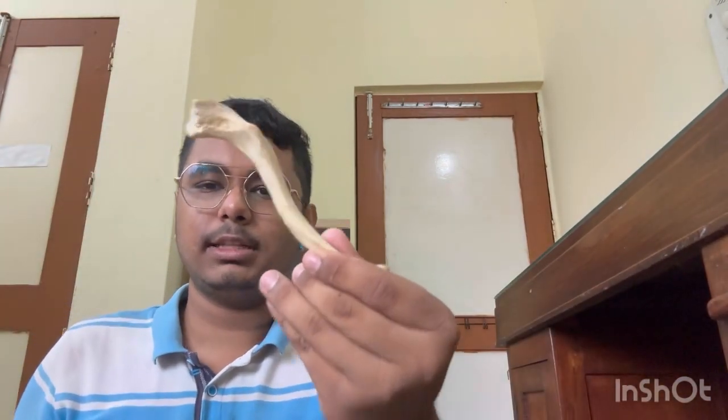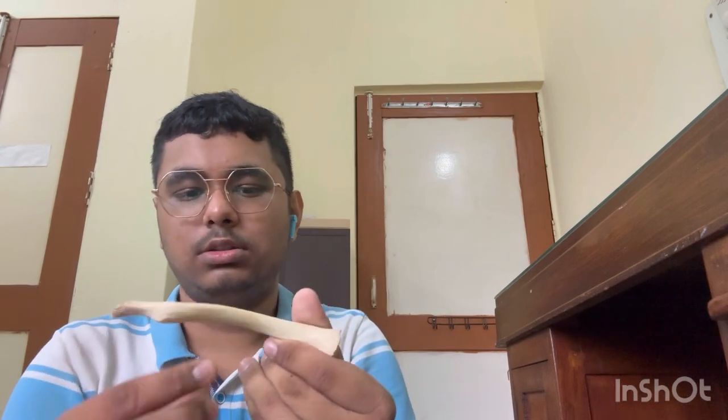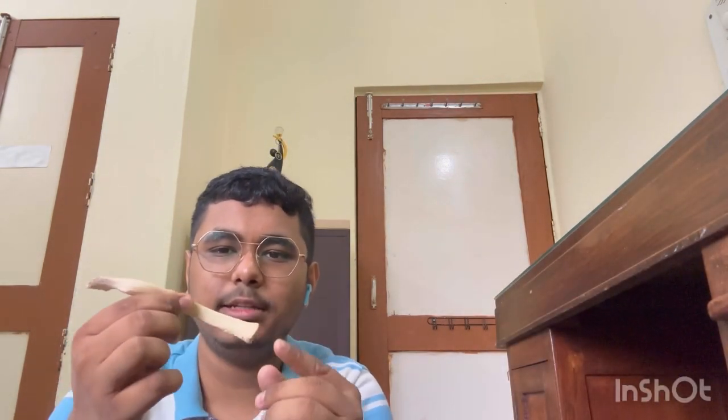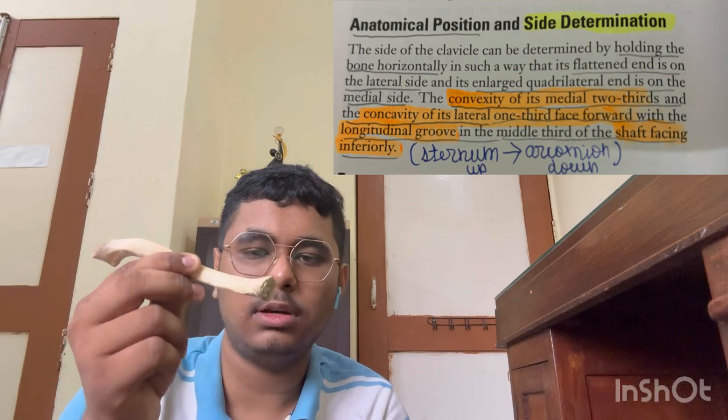This groove will be directed inferiorly, not superiorly. So the smooth part, which you can see, will be directed upward and should be in front of your eyes. So do not miss this point. Also remember one point, the medial end will be directed a little bit downwards than the lateral. So this is the perfect anatomical position of the clavicle.